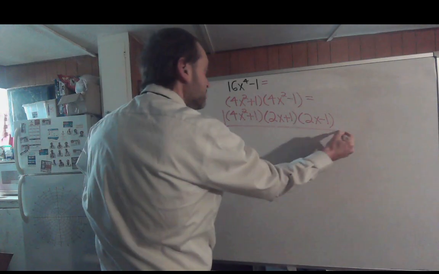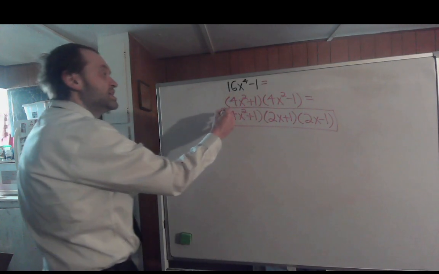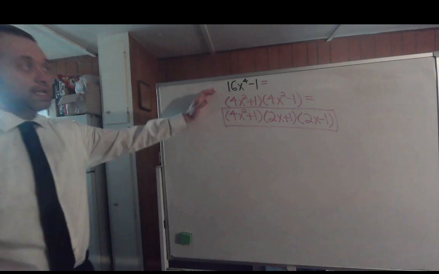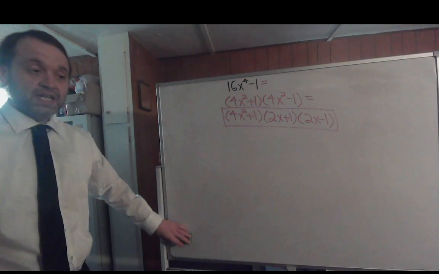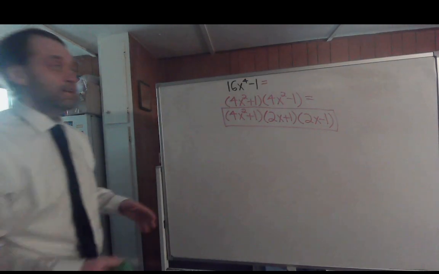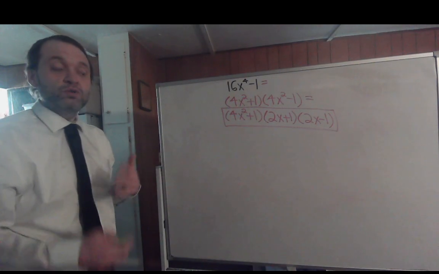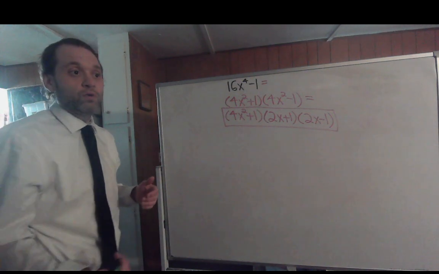That would be the complete factorization of 16x to the fourth minus 1. So really, a lot of these today are going to take quadratic forms. Even though they don't start out quadratic, you treat them like they're quadratic. And those work on even powers.